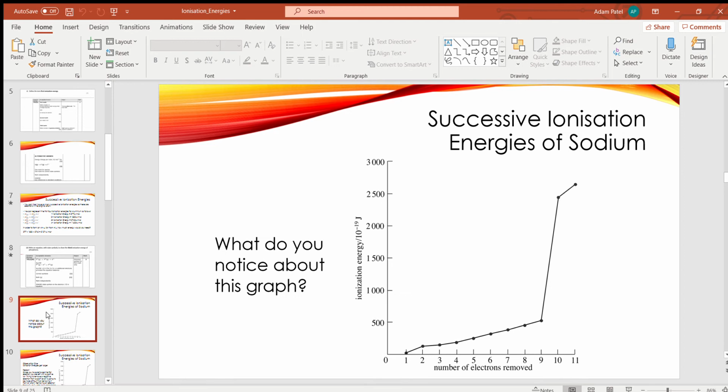Obviously with sodium having 11 electrons, you have the numbers 0 to 11 on the x-axis, and we have ionization energy, obviously in kilojoules per mole. Here they just use joules, which is on the y-axis.